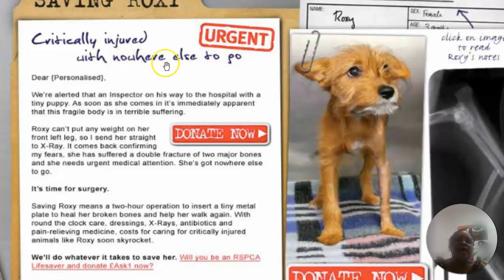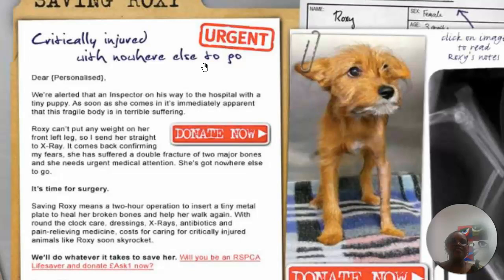And with nowhere else to go appeals to the heartstrings of the reader, because it suggests desperation, abandonment, and therefore it is the reader then who can rescue Roxy and get Roxy medical attention and even get Roxy a shelter.